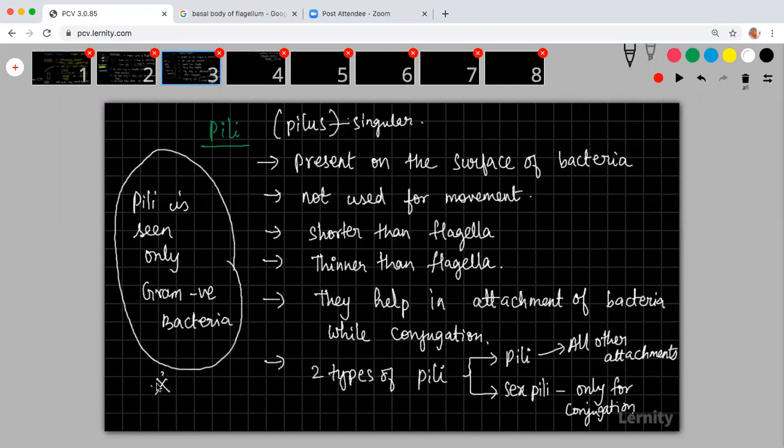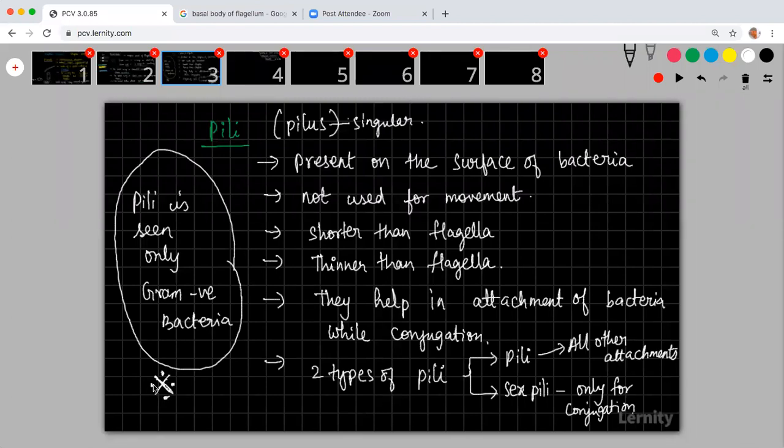So far we haven't seen pili in gram positive; it is seen only in gram negative.